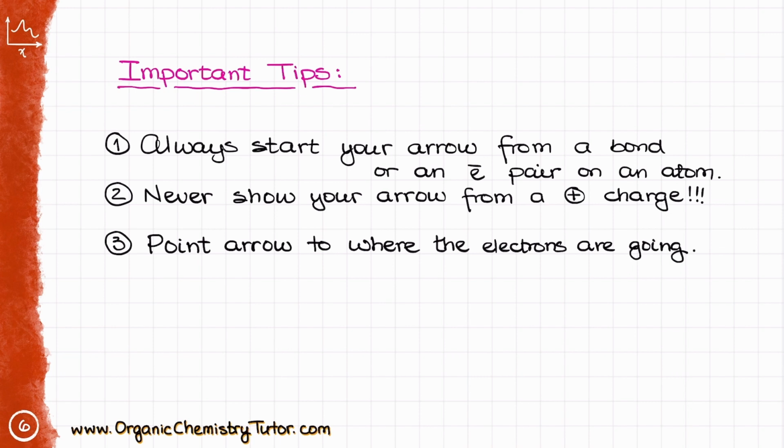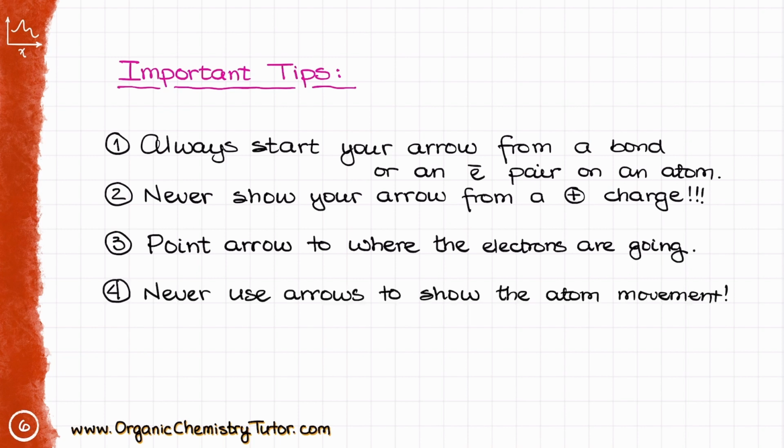Either they're going to be going back to an atom or they're going to be making a new bond between the atoms. And never use your curved arrows to show the atom movement. It's always all about the electrons and never about atoms. And of course, practice makes it perfect, so make sure that you are practicing your curved arrows to be comfortable with those so you can use them for resonance and reactions as well.